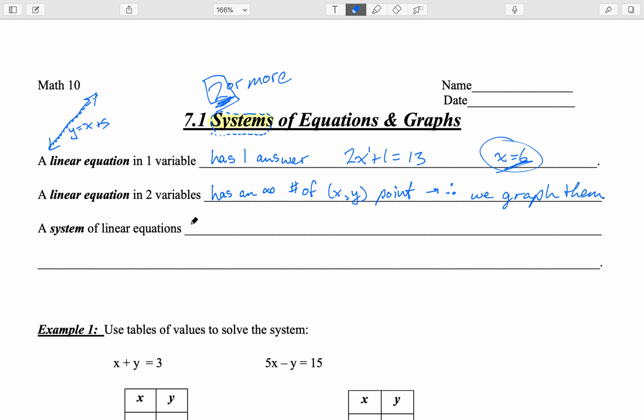What's the one point? What's the x and y point that works for both of them? The answer is an x, y point. And remember, it's got to be an x and y point. It's not just like x equal to something. No, it's an x and y coordinate point. And it's common to both. So in other words, it works for both equations.